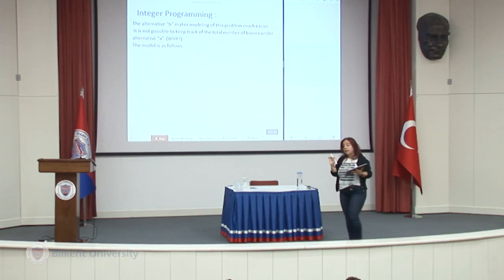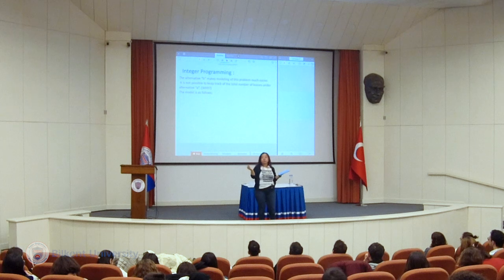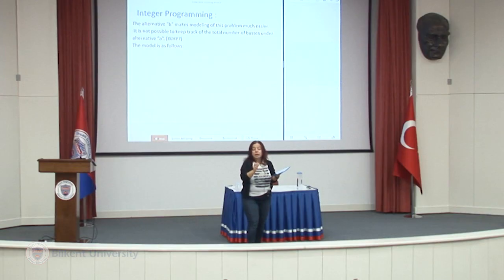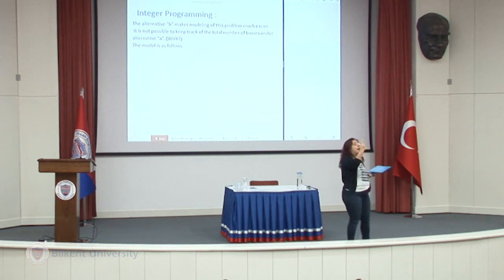In alternative A, for the bus that's working here, you don't know if it is its second period or first period, right? You need to deal with that, with either additional variables or putting in an index there. It is doable, yes, because, by the way, there is not only one option to formulate a problem, right?